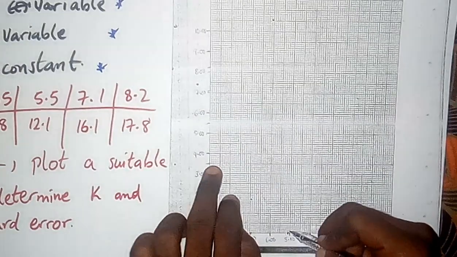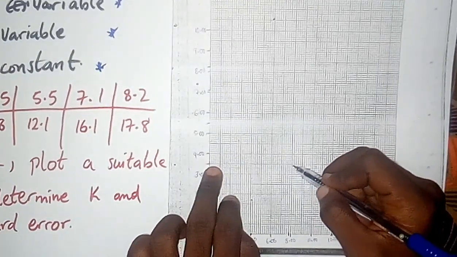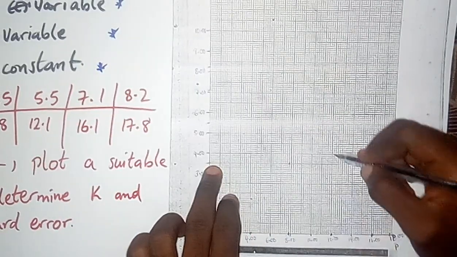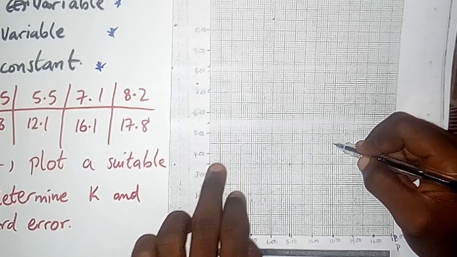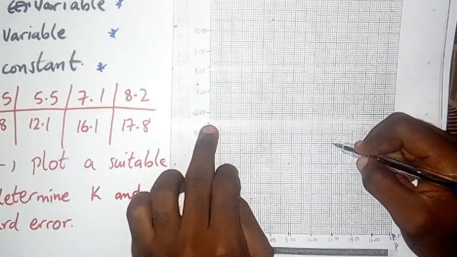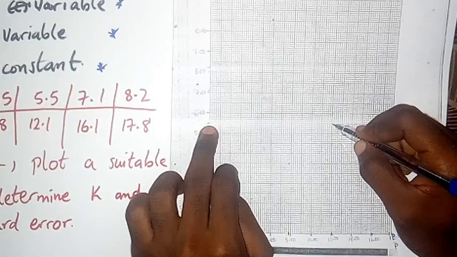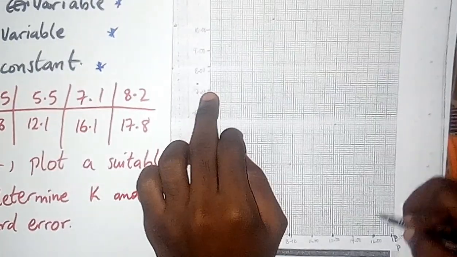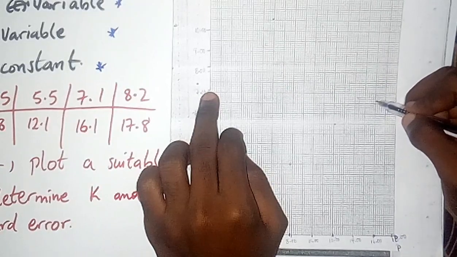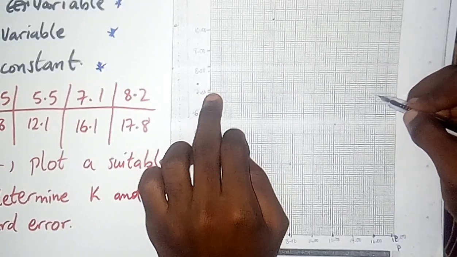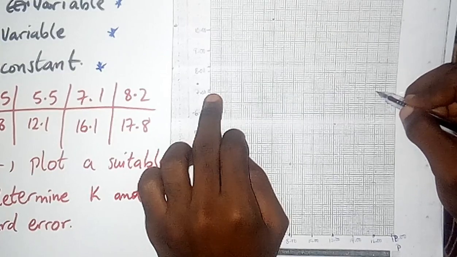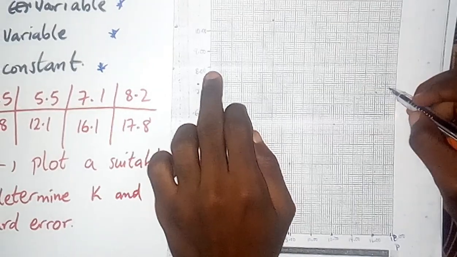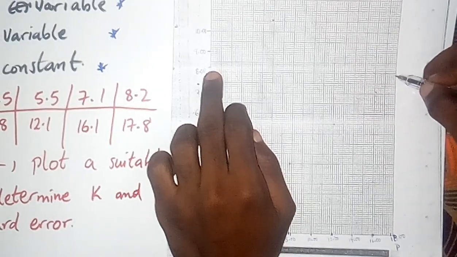Okay, so this one is in between, so it's 5.5. The line between here. Then 7.1, 16.1 is in between, 7.1 is here, and then 8.2, the last one.